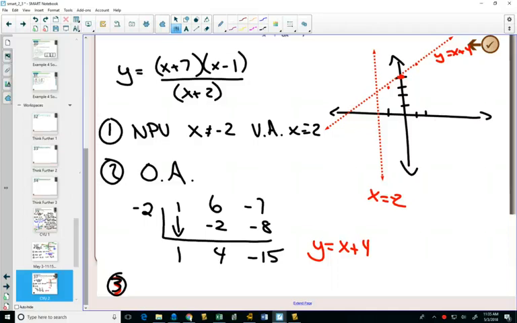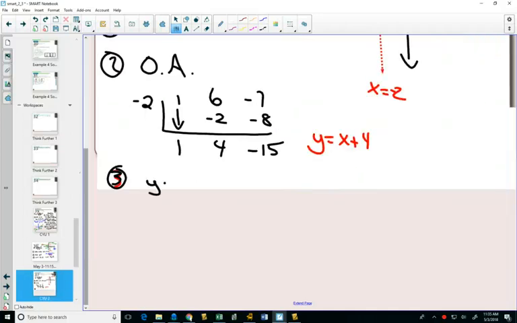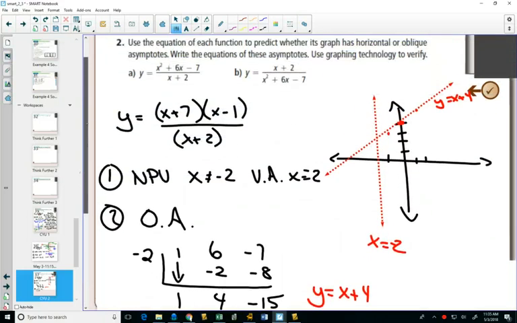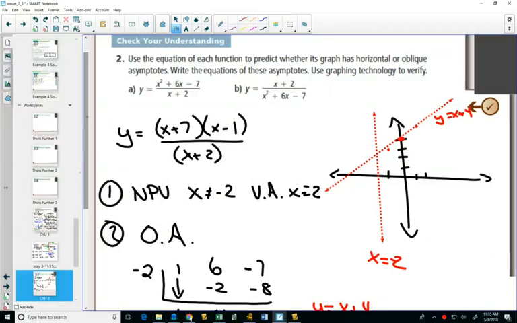Step 3, we're going to find our y-intercepts and our x-intercepts. Again, how do you find a y-intercept? Plug in 0 for x. I'll go to my original equation because that's going to be the easiest. It simplifies really quick. Can you see that you'll get negative 7 over 2?